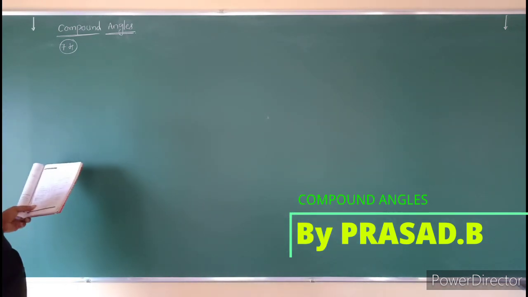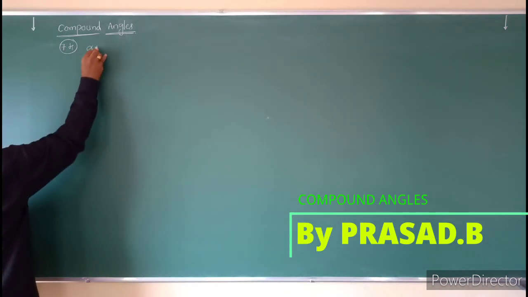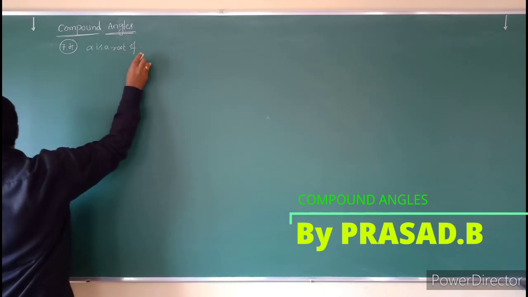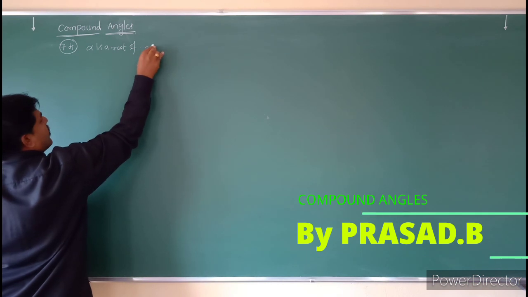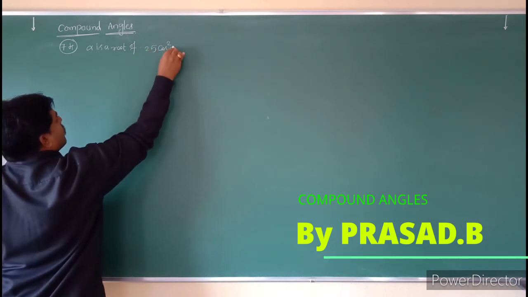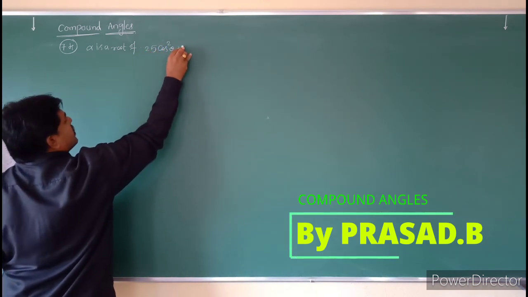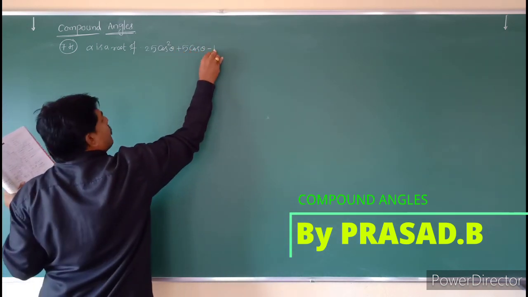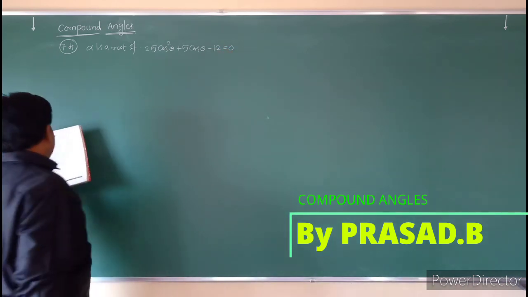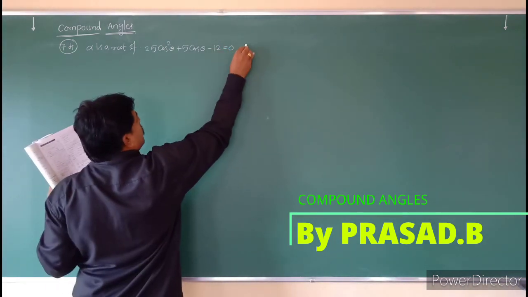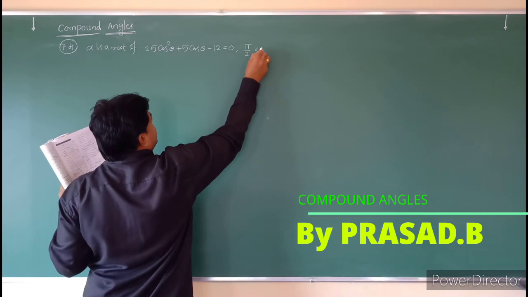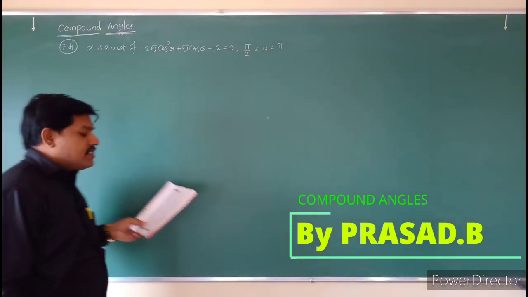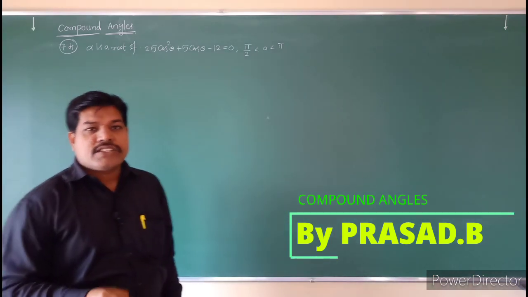If alpha is a root of 25 cos square theta plus 5 cos theta minus 12 is equal to 0, and pi by 2 is less than alpha less than pi, then they are asking sin 2 alpha.